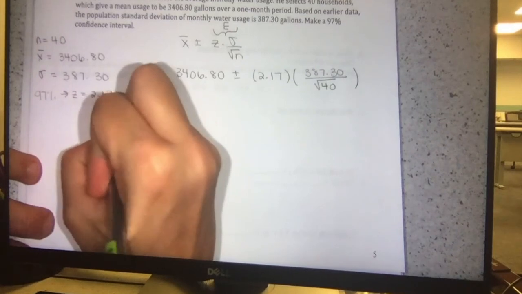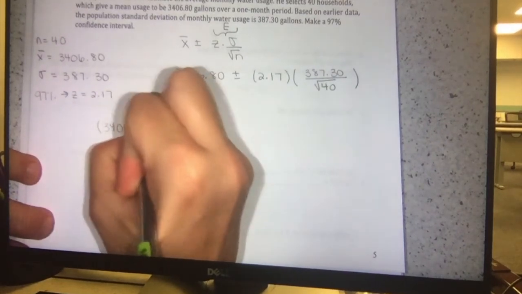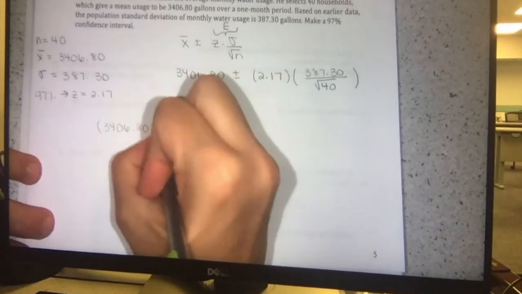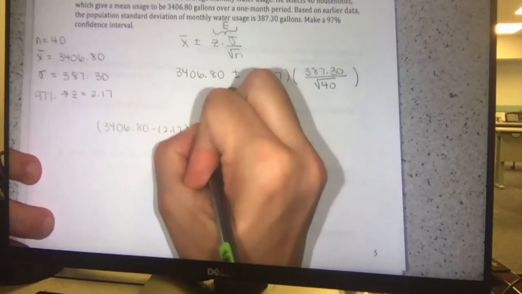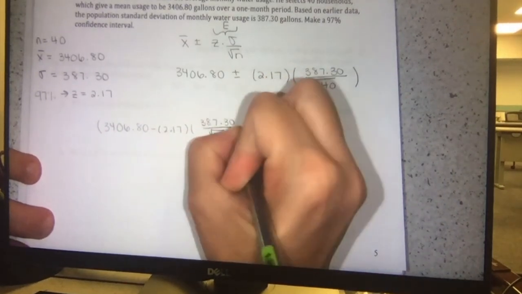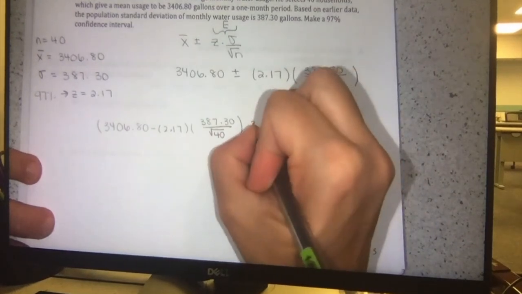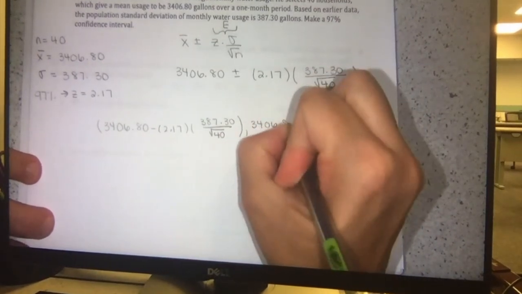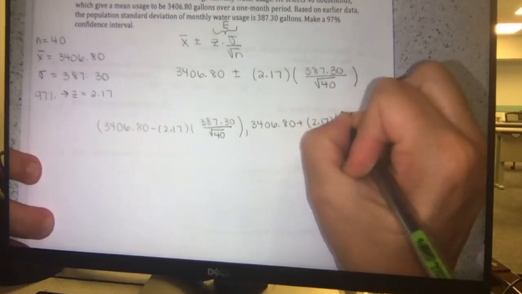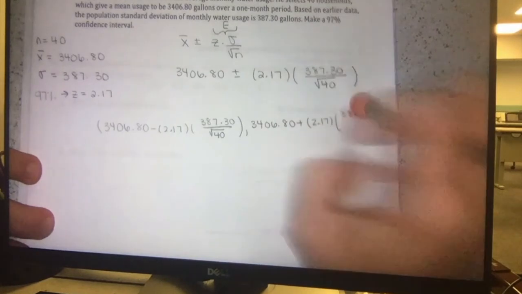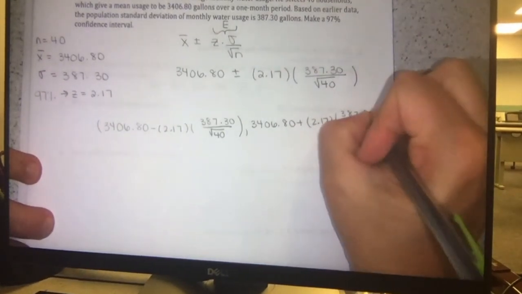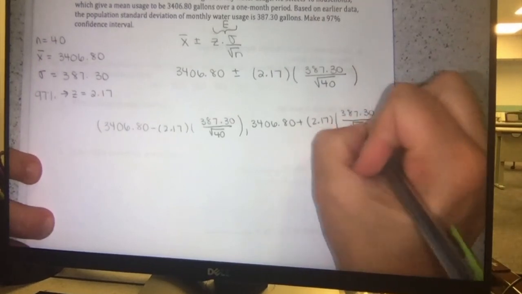So we have 3406.80 minus our error, 2.17 times 387.30 over the square root of 40, comma, 3406.80 plus our error, 2.17 times 387.30 all over the square root of 40.